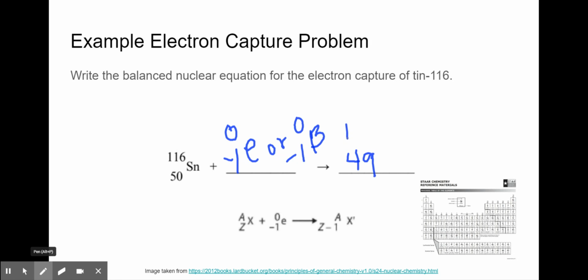My mass number stays the same because the number of neutrons and protons has to be equal on both sides of the equation. So now I just need to find out what 49 is on my periodic table. Which element is 49? 49 is indium. So the daughter isotope to 10(116) after electron capture is indium-116.